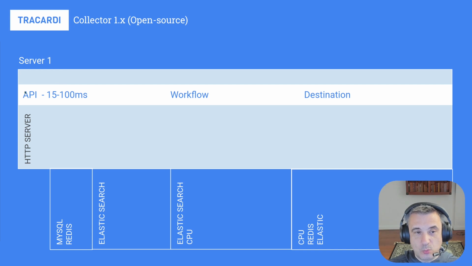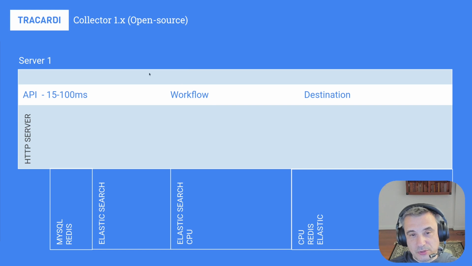Through the API we collect data, so it's the responsibility of the HTTP server, and within that one execution we have everything. We have an API that collects data, then there's a workflow, and there's the destination where we send the data. We process the data in a sequence. So when there's an event, the API collects it, it goes through the workflow and goes to the destination. If the destination is configured, it just goes to that destination.